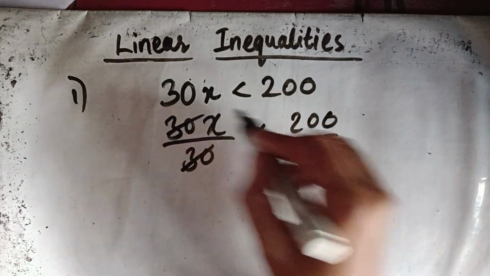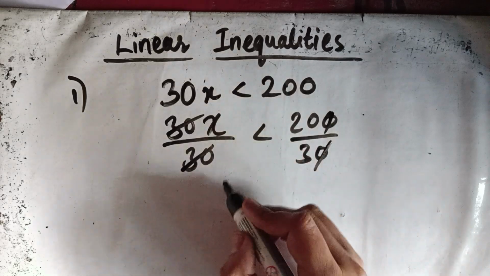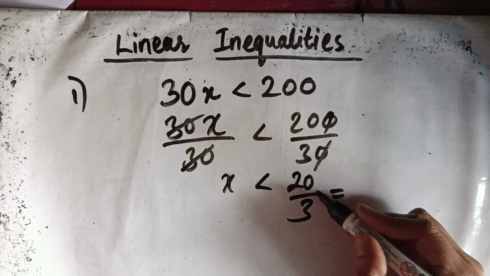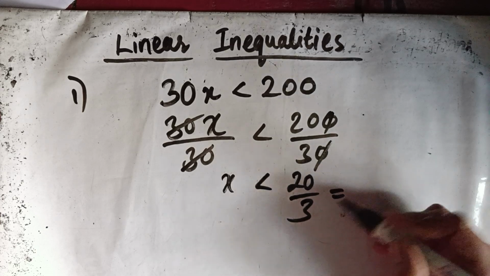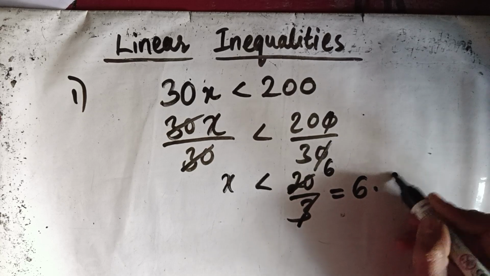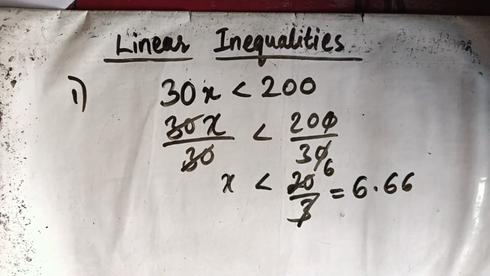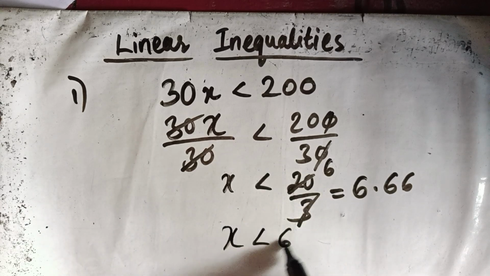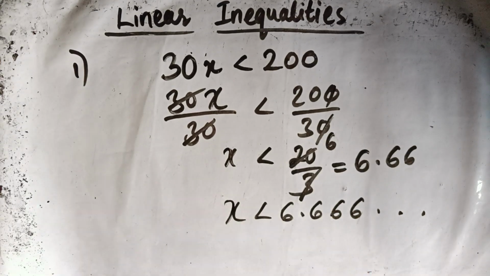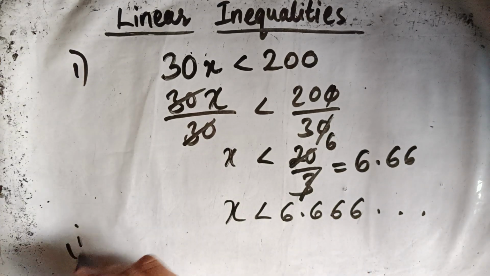So x is less than 20 by 3, that is 6.66 and so on.